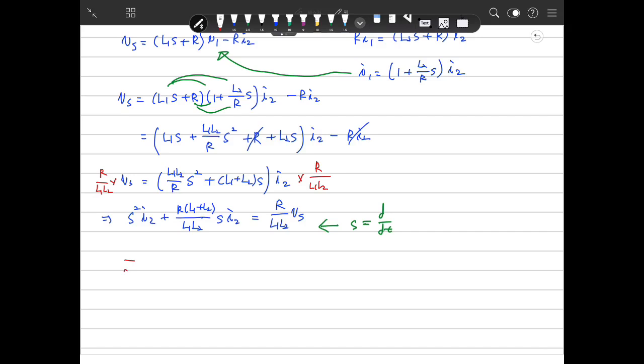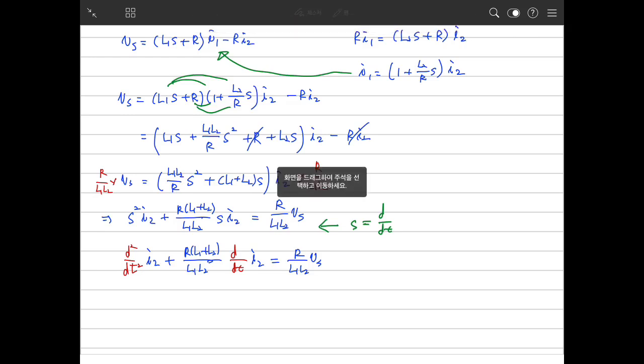So we rewrite: d squared I2/dt squared plus R(L1 plus L2)/(L1 L2) dI2/dt equals R/(L1 L2) Vs.